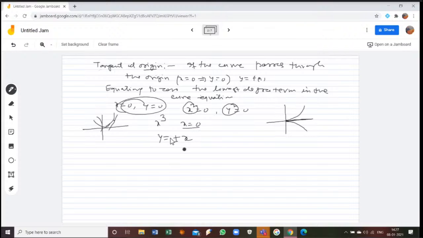It means that there are 2 tangents here. So depending on this, we can say that there are different types of curves. One may be the cusp, second is the node, and third is the isolated point, meaning imaginary.